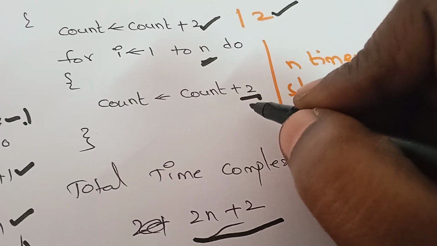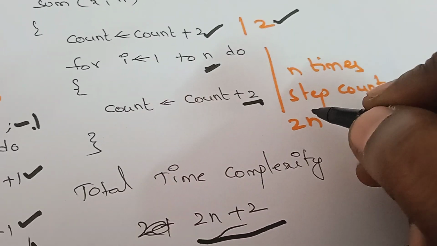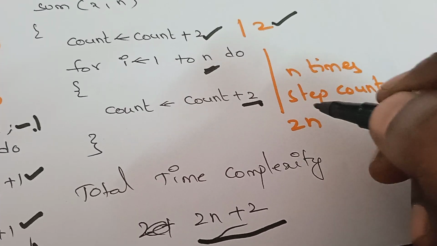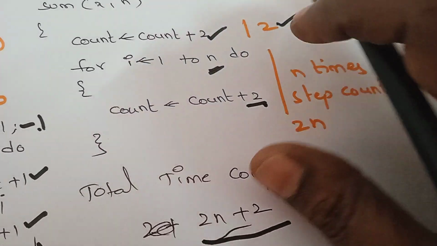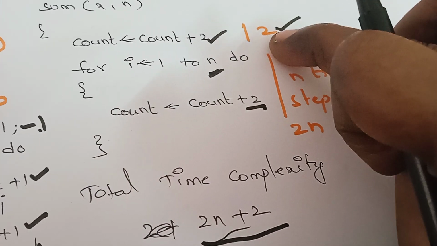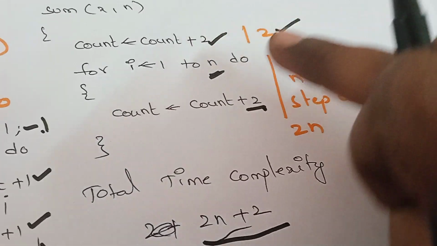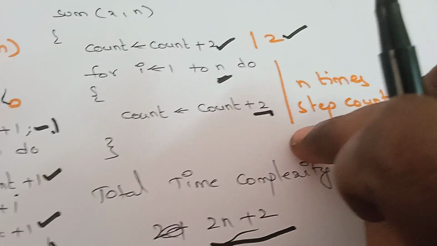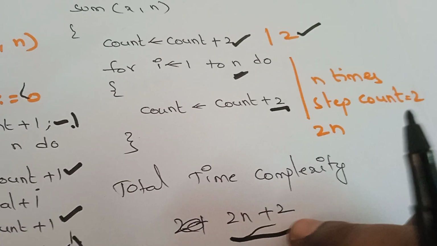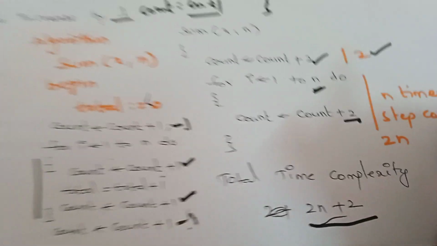If it is count plus 3, then my step count will be 3n. If it is count plus 4, then my step count will be 4n. Yes. Now this is the constant time, which is 2, and this is your loop time, which is 2n. So the total time complexity is 2n plus 2. Yes, did you understand?